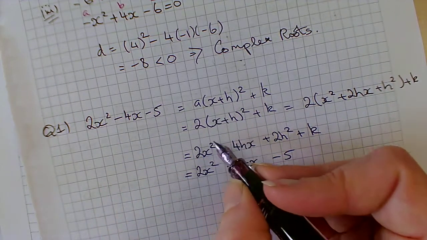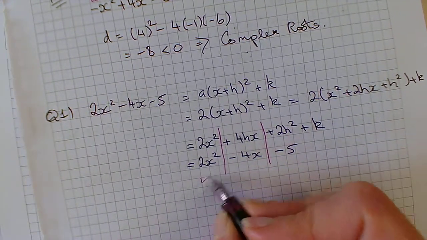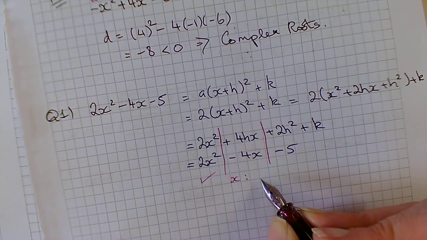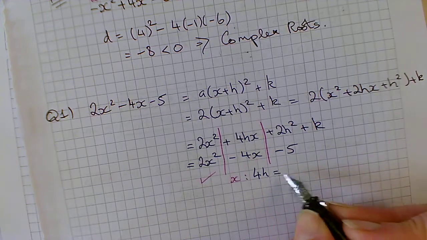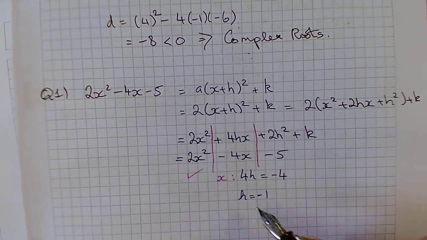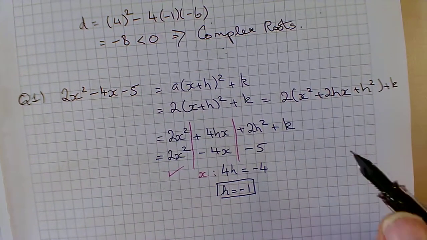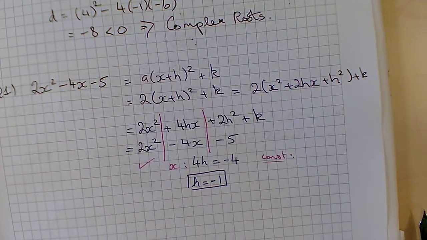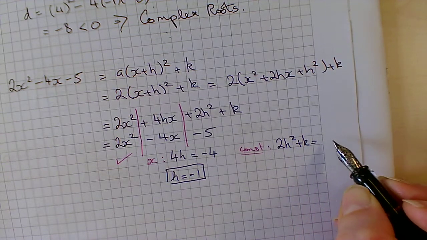and that's equal to the original quadratic there. So now my x squared terms are equal. My x terms tell me that 4h is negative 4. So h is equal to minus 1. And my constant terms, these ones here, tell me that 2h squared plus k is equal to minus 5.